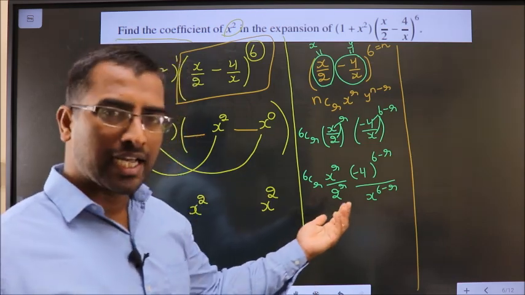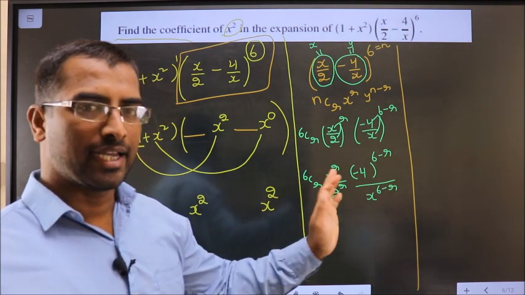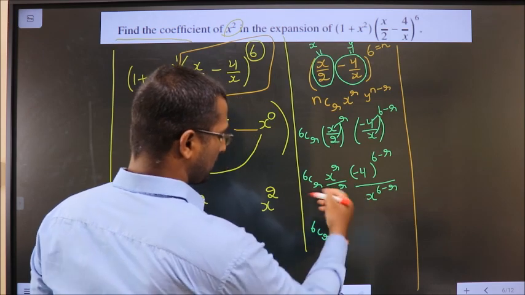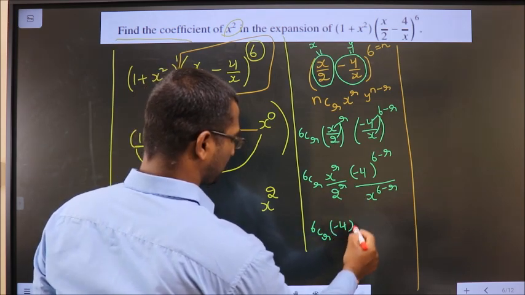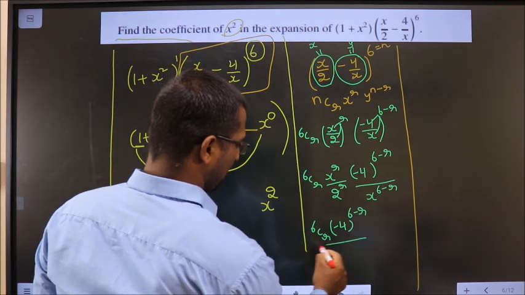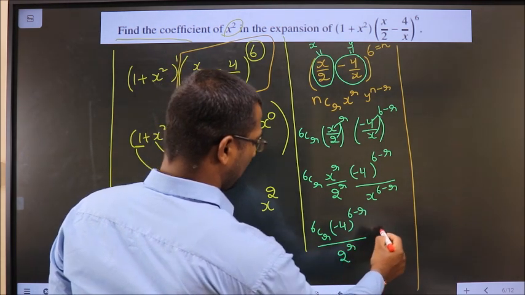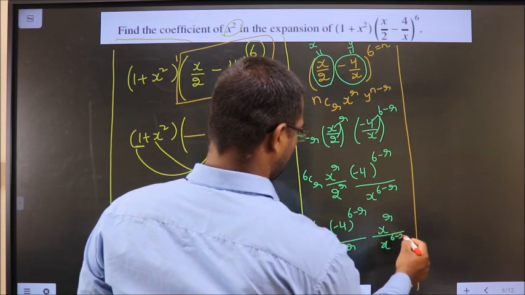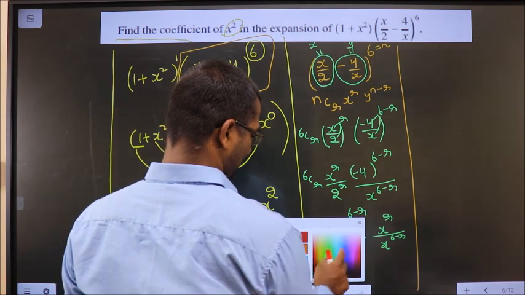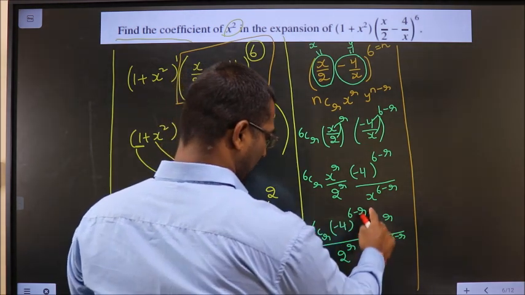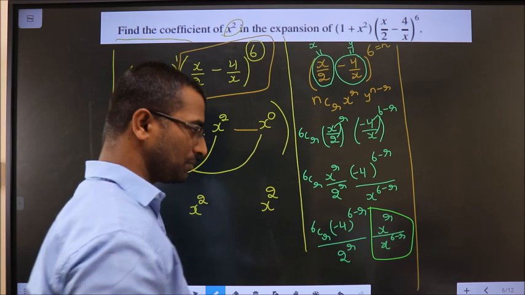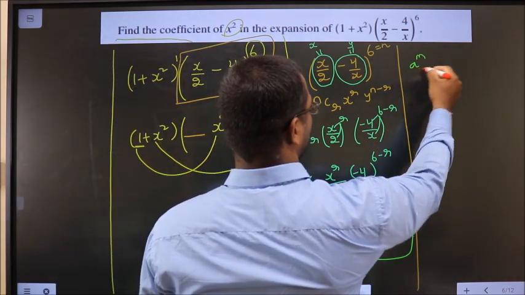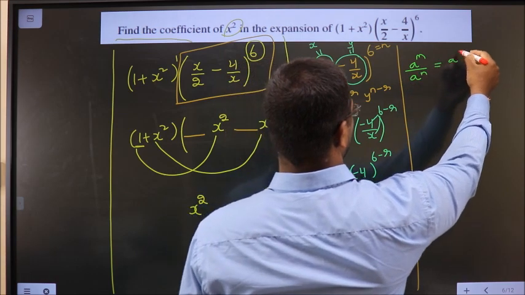Next, write all the numbers first, x at last. So that will result in 6Cr. This I am writing before. (minus 4) power 6 minus r by 2 power r, and here x power r by x power 6 minus r. Now, I can simplify this by making use of the formula a power m by a power n is a power m minus n.